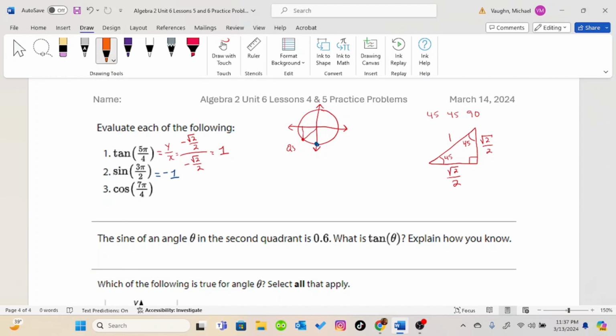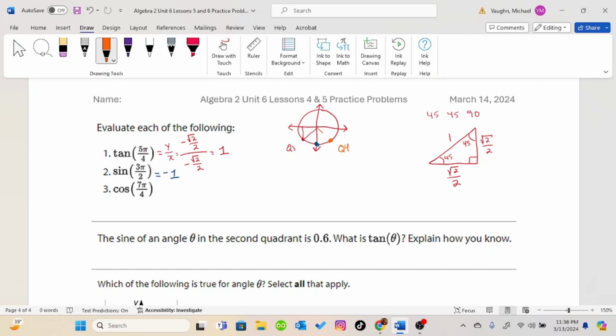And finally, number 3, we have cosine of 7/4 pi. So 4/4 is going to take you halfway around the circle to pi. Now I need another 3/4. That's going to bring me around until I'm halfway through quadrant 4. In quadrant 4, my x is positive and my y is negative.